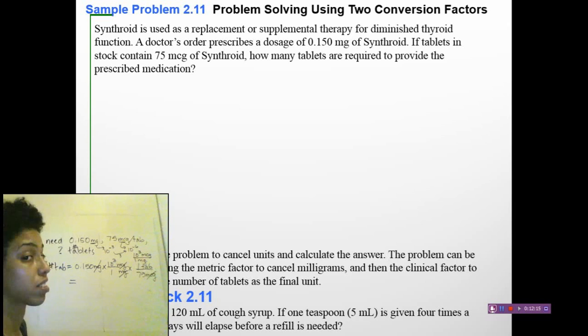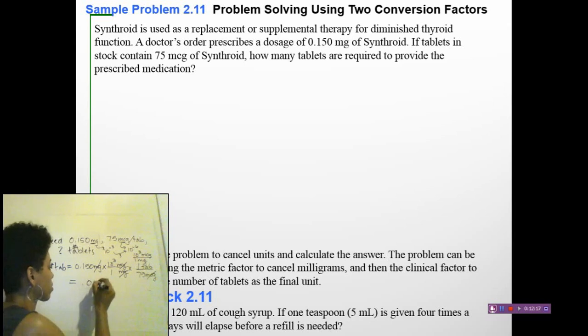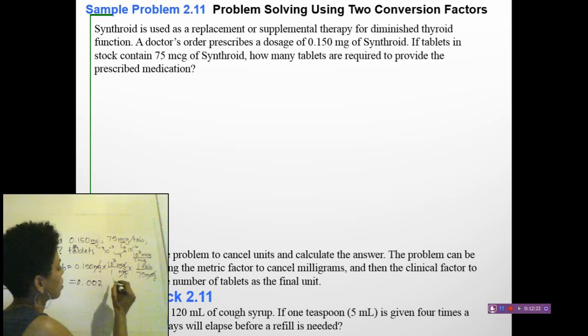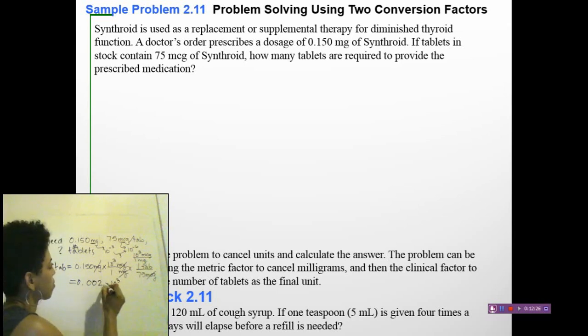Oh no, I was a little off. 0.002 times 10 to the 3. So if this is times 10 to the 3, I'm sorry, 1, 2, 3, because my number is going to get larger.